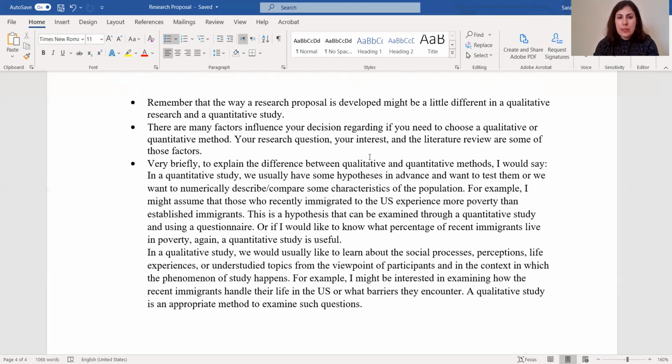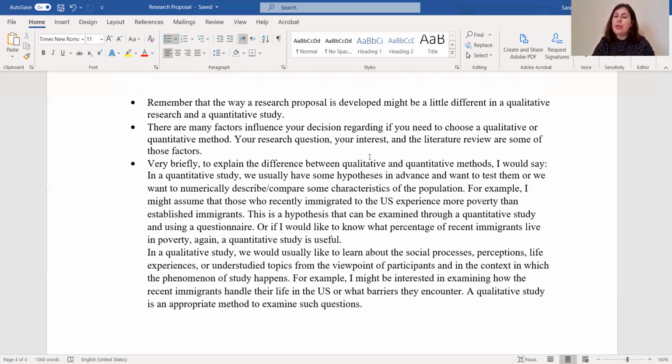In a quantitative study, we usually have some hypotheses in advance and wanna test them, or we wanna numerically describe and compare some characteristics of the population. For example, again, come back to our example about poverty among recent immigrants.